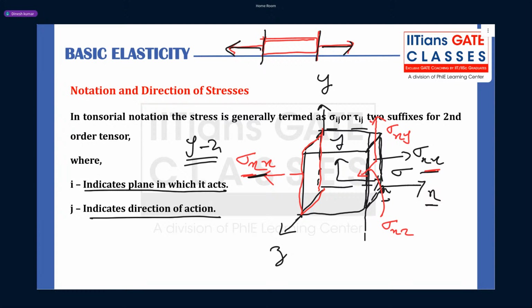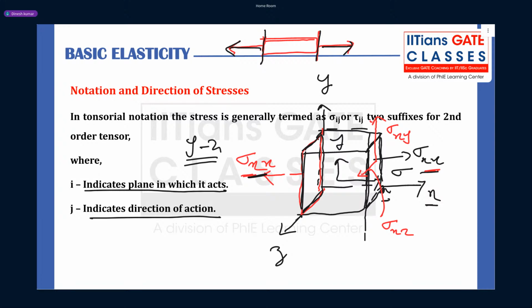Now guys, on this highlighted plane, what will be my corresponding shear stresses? It will be sigma xy and sigma xz, but what direction will they be? That is what we are discussing here. Let me tell.